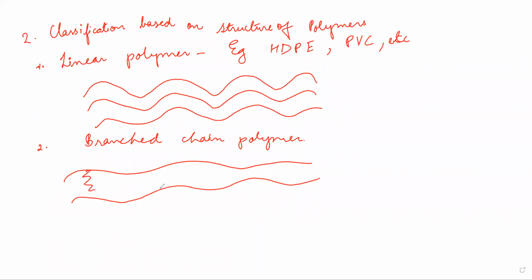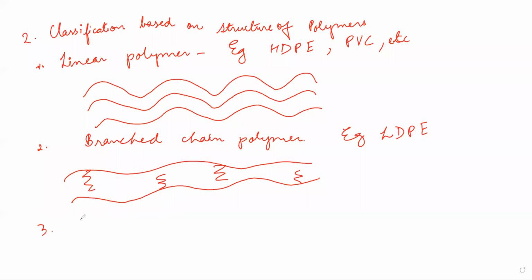So you will find that at certain positions, branching is there. Example, you will find low density polyethylene. So this is about branched chain polymer.